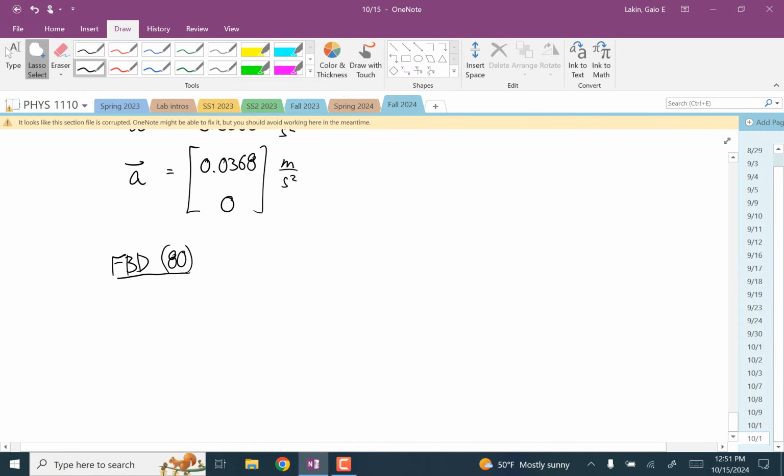Okay, so the free body diagram looks like this. The weight force is 80 times 9.81. So that's 784.8.